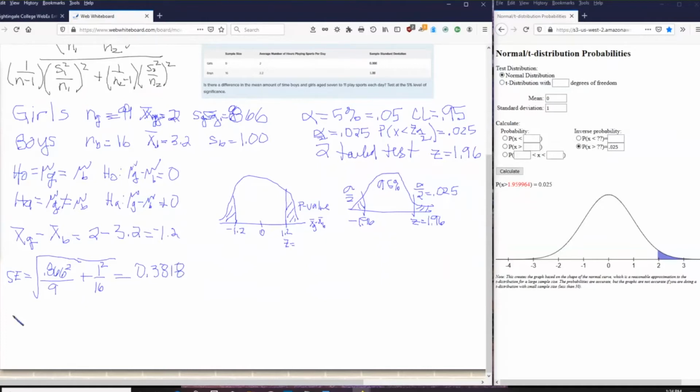Now I'm going to get my test statistic, which is going to be the difference of these two means. So that's going to be my minus 1.2 minus the difference in the population means, divided by the standard deviation, which is going to be 0.3818.